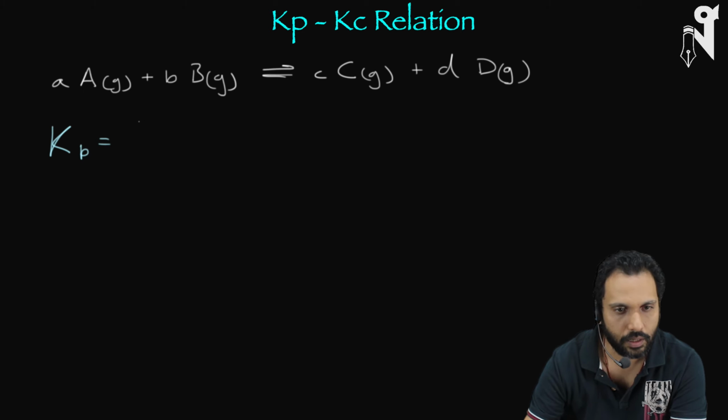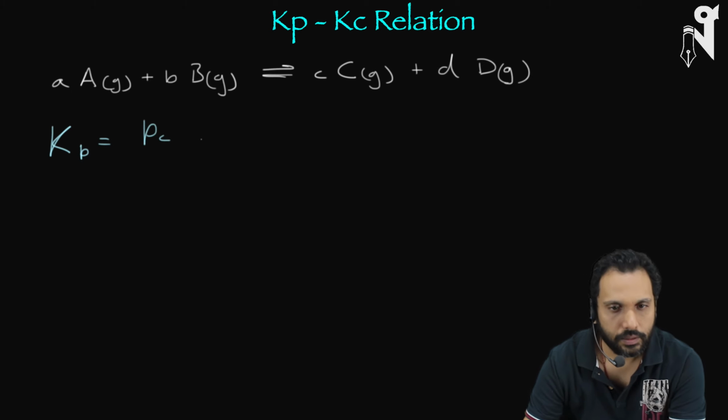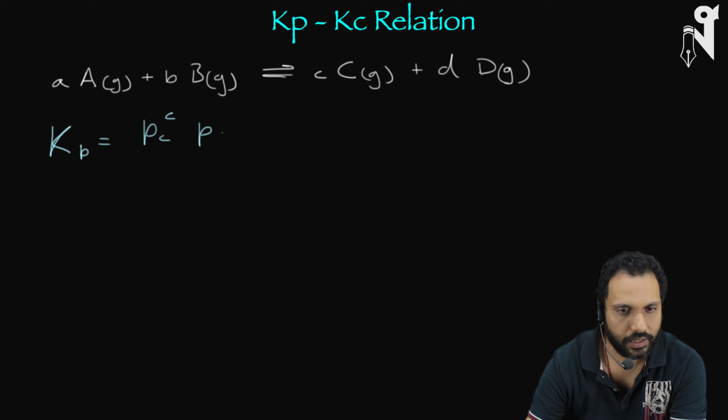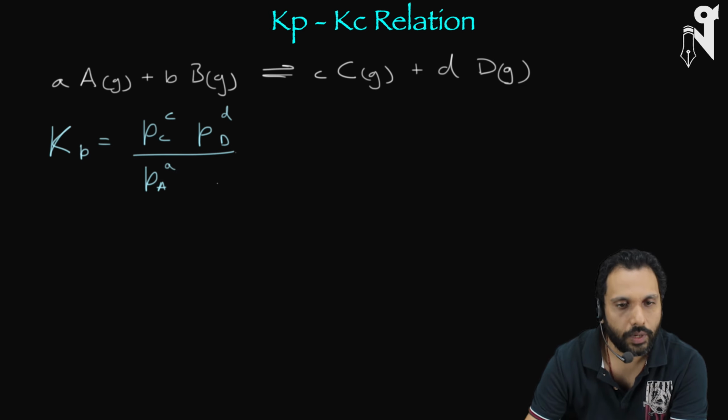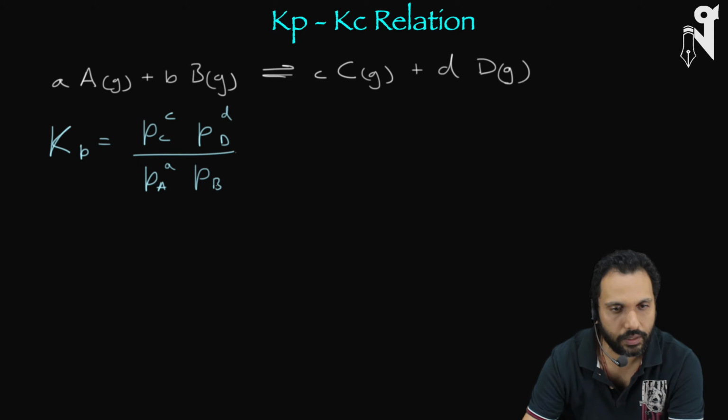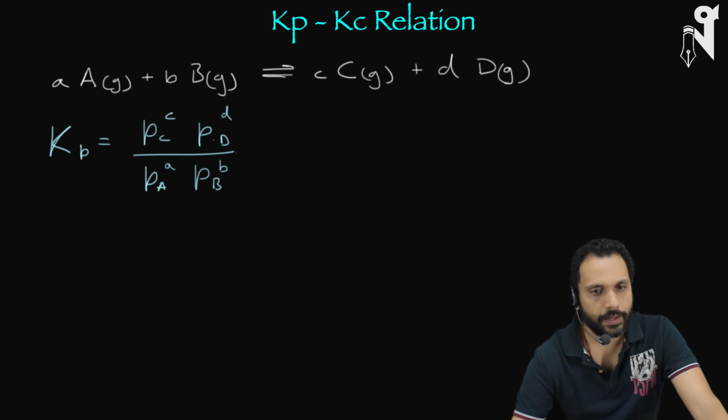So that would be partial pressure of C raised to the power c, partial pressure of D raised to the power d, divided by partial pressure of A raised to the power a, partial pressure of B raised to the power b. So that's your Kp value.